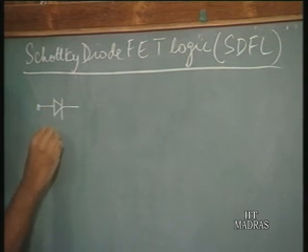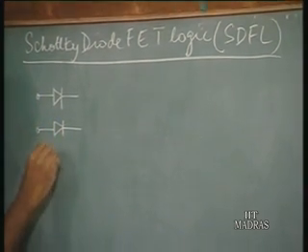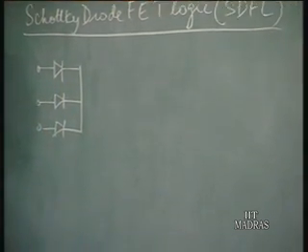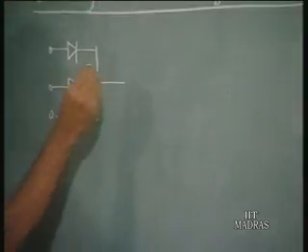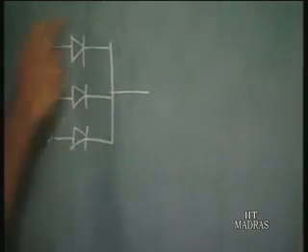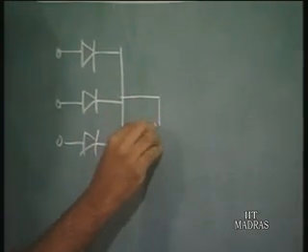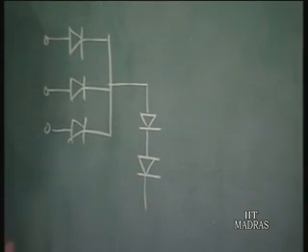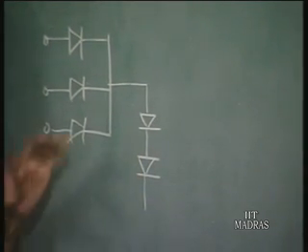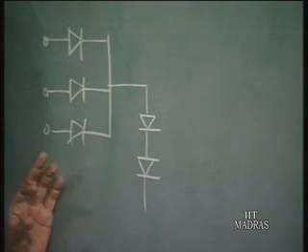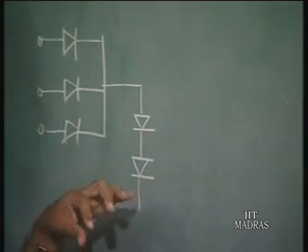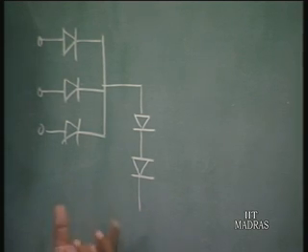Suppose you have a circuit like this. These are all Schottky diodes. We have 3 Schottky diodes like this, and this is for the logic operation. Then again you require level shifting, because in all depletion mode logic families you have to change from positive voltages to negative voltages so that the input transistor can be cut off.